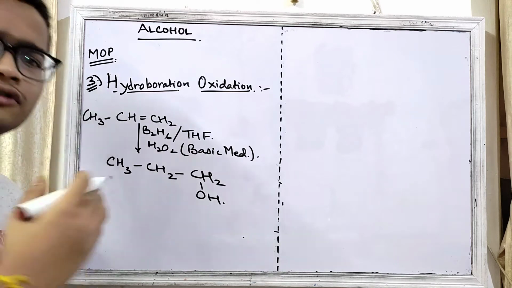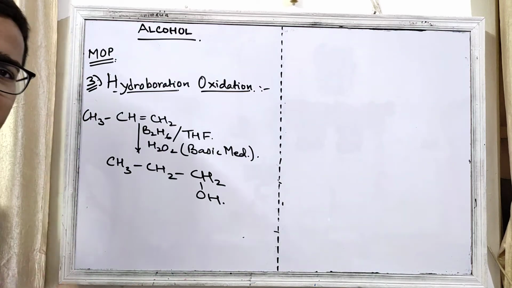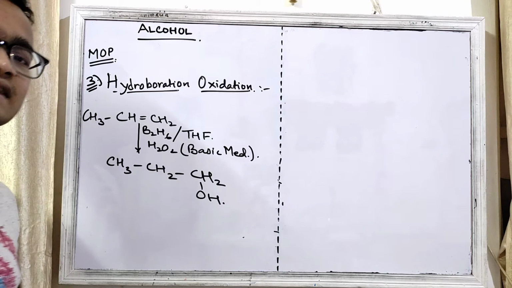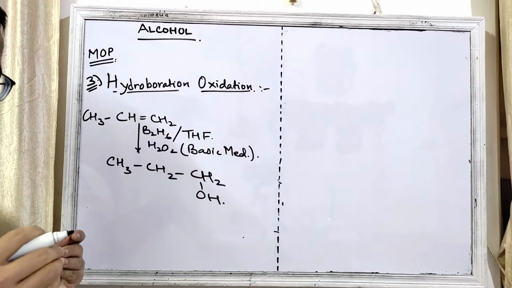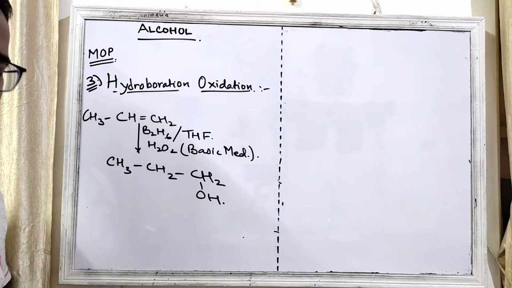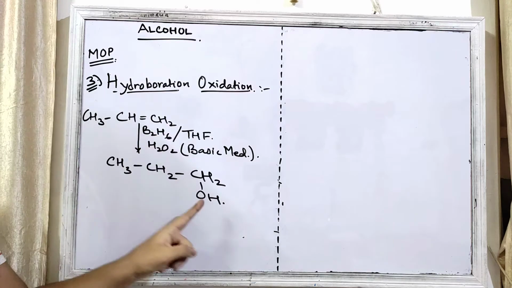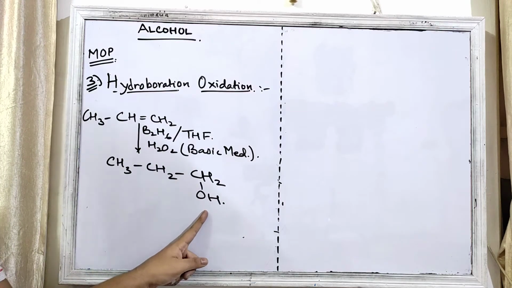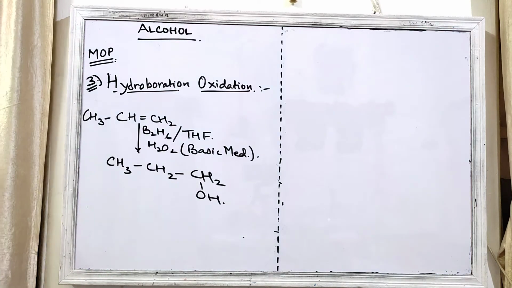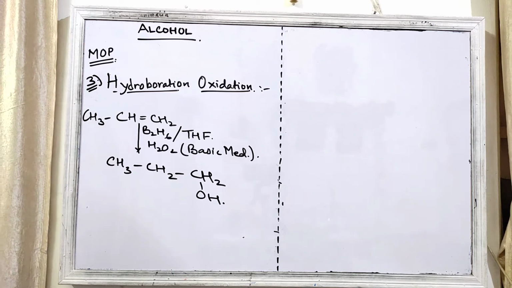So the opposite of Markovnikov rule, the OH is being added to the carbon with the least number of, or you can say the most number of hydrogens, which is this one. So OH is being added over here, right? So this was about the hydroboration oxidation reaction.